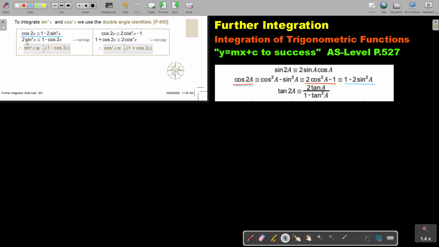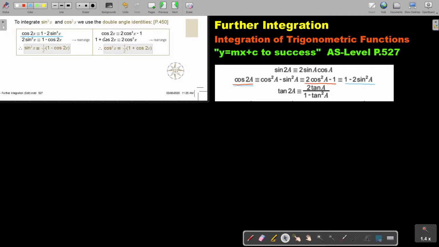So I take the 1 over, and then divide by 2, and that is why it's a half. As soon as I see sin squared x, I will replace it with this. You can memorize it, but because you have the formula sheet, you can quickly do this little calculation on the side. Just remember that it comes from double angles, and actually from the cos 2x.